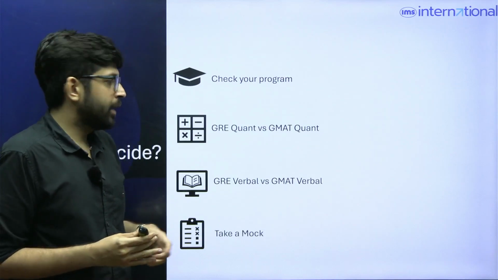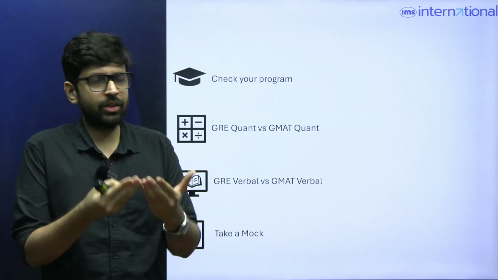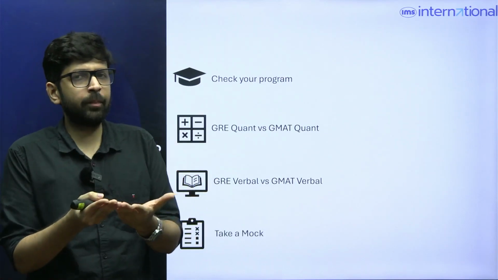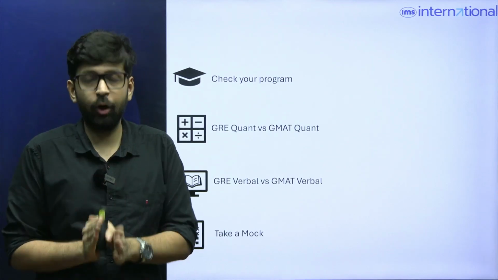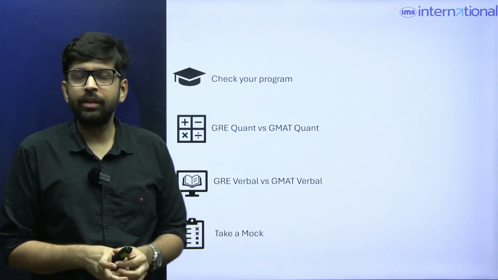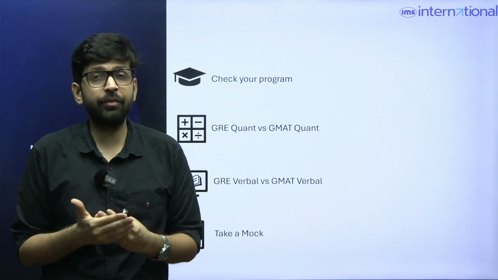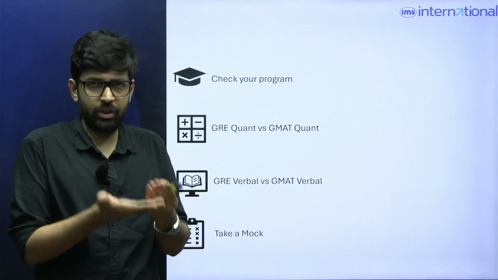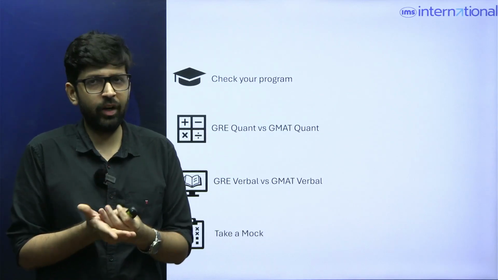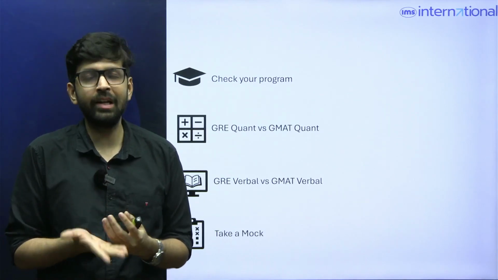Now, there are obviously some sections that you might be more comfortable with for GRE or for GMAT. So the best thing that you can do right now is take a mock. There are official mocks that are freely available for you. You don't even have to pay for them. For GMAT, there are 2 mocks freely available, and for GRE, there is 1 mock freely available.